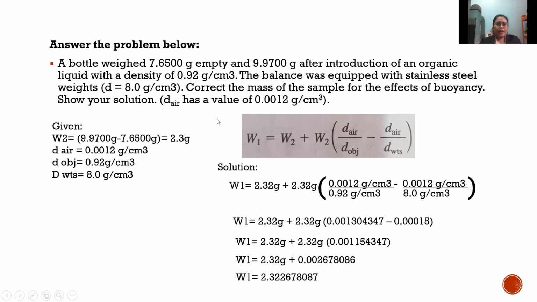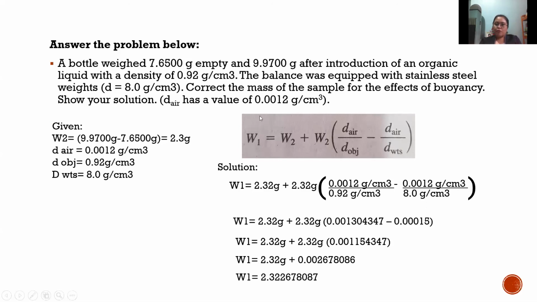So, for example, in the previous problem, a bottle with 7.65 grams empty. Actually, this is most likely weighing by addition. So empty, 7.65. And then after adding the object, it became 9.97.